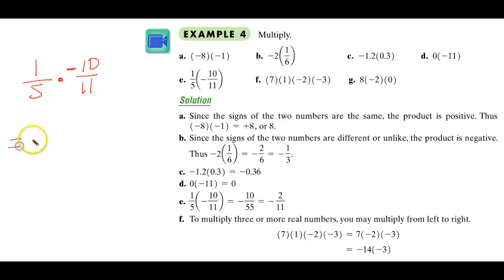Well, we know our answer is going to be negative because they're unlike signs, but we see the 5 will go into there once, 5 will go into the 10 twice, so we get a -2/11. Now, the way they're showing here, they're multiplying the numerator, multiplying the denominator, and then simplifying. I strongly advise if you simplify ahead of time, it's much easier than figuring out what you have to do there.